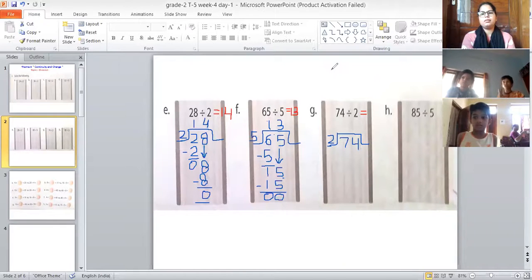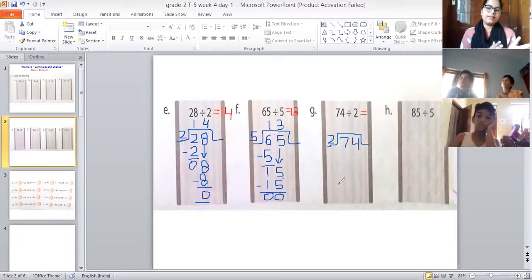Okay. Azlan, now you tell me in 2 table which number is smaller than 7 and nearest to 7. 4. Okay, so 4 is smaller than 7. That's fine. Is it the number nearest to 7? Is there any other number in 2 table which is smaller than 7 and nearest to 7? 6.